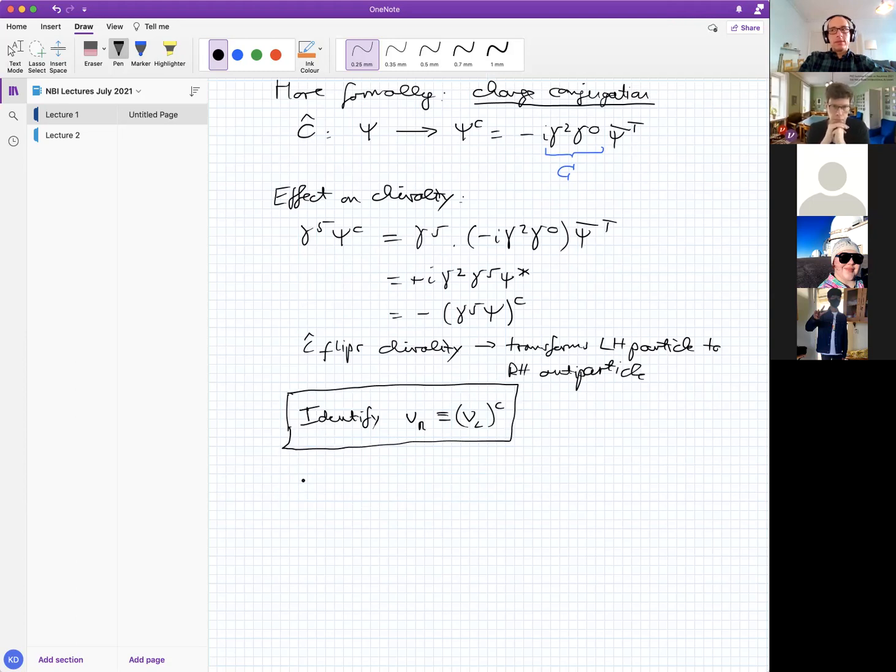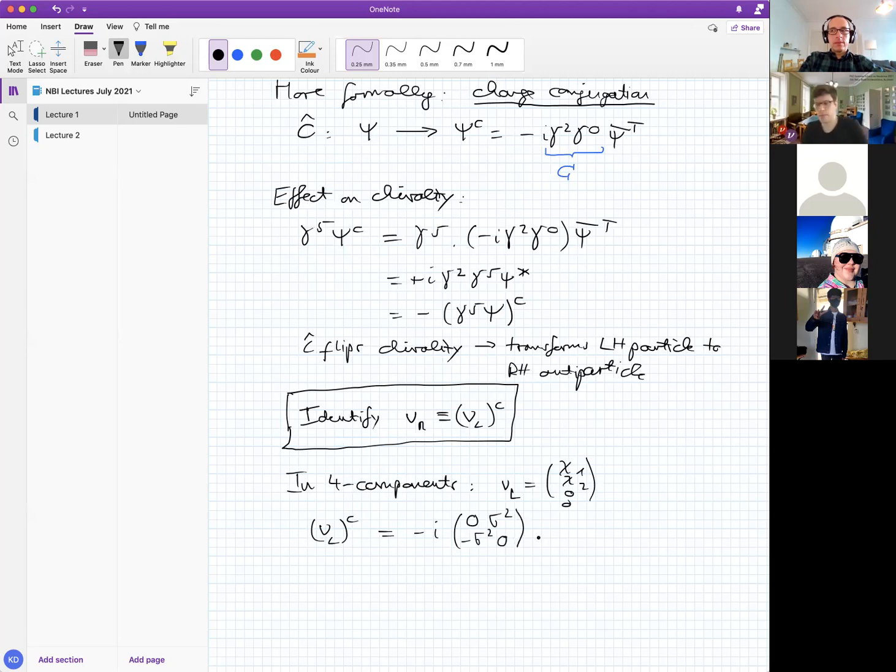So in 4-component notation, remember that the left-handed field was one where only the upper two components were non-zero, so chi1, chi2, 0, 0. Now, nu left charge conjugate is equal to minus I gamma 2, and gamma 2 in this notation can be written as 0, sigma 2, minus sigma 2, 0.